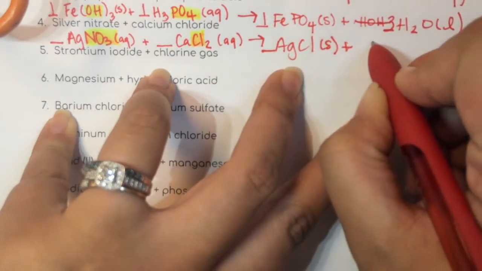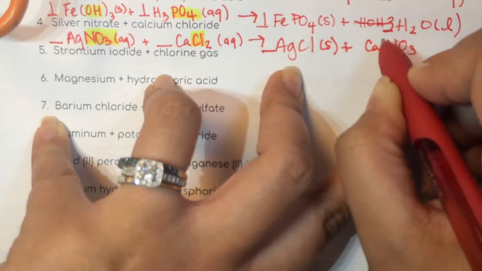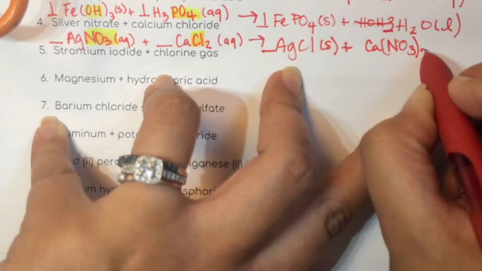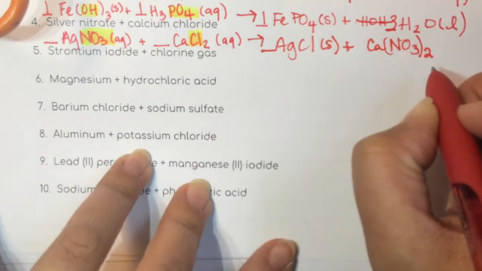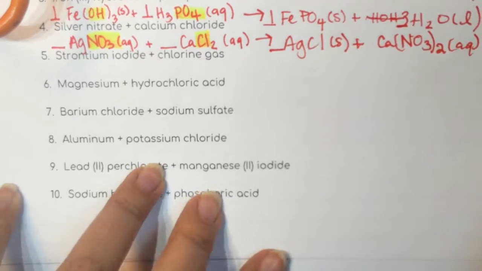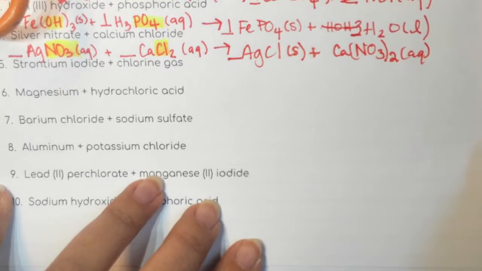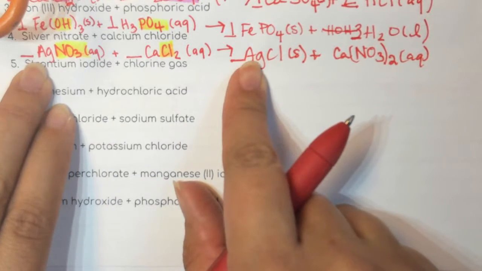And then now calcium is going to be paired with nitrate. Remember, calcium has a +2, nitrate has a -1, so I get a 2 as a subscript for nitrate. And then remember, nitrate is always soluble, so this is aqueous. Okay? So then when you are balancing this out, I have a 1 and 1 silver.